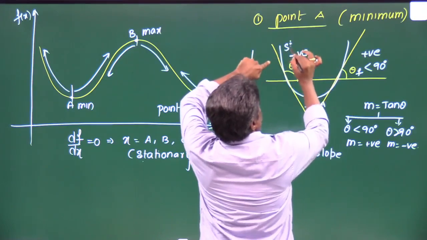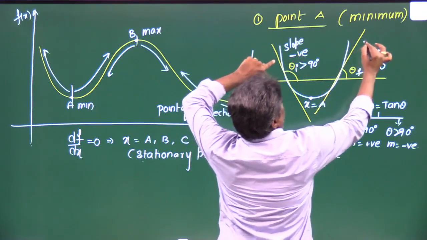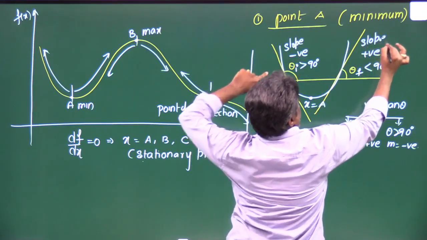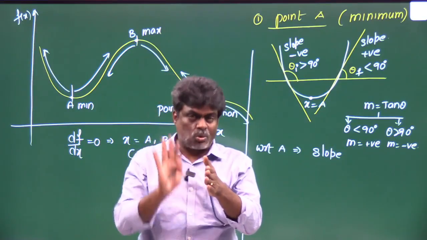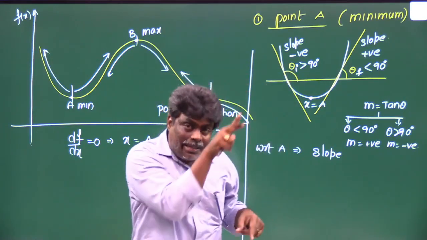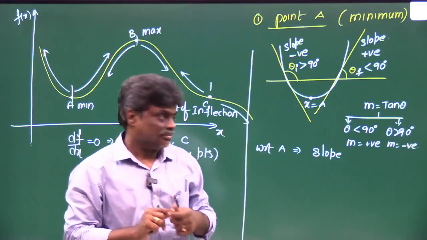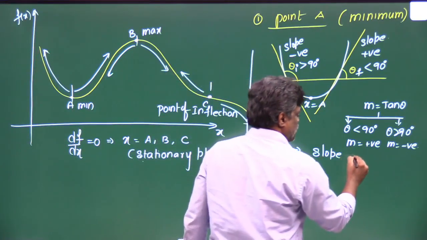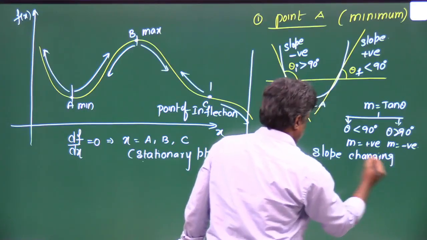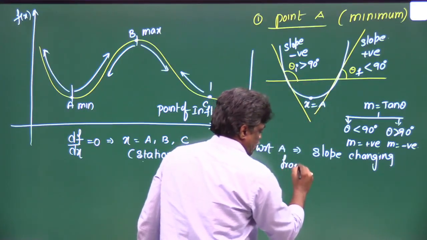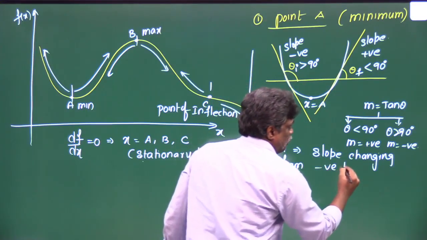Here the slope is negative and here the slope is positive. So with respect to A, the slope is changing from a negative value to a positive value.